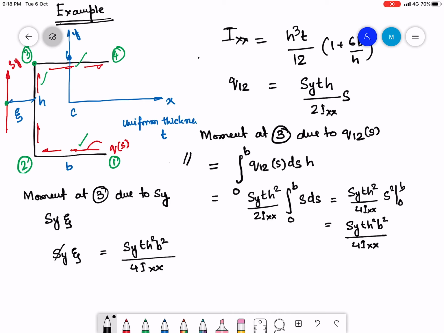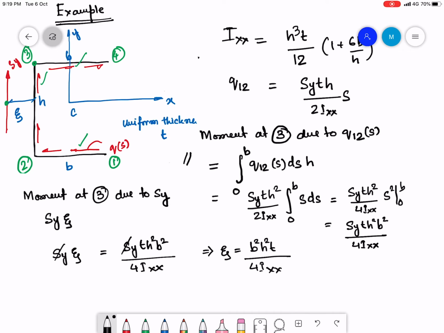So Sy cancels out, which gives me zeta equal to b square h square t by 4 Ixx.